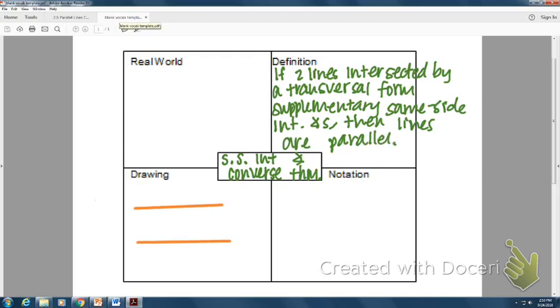Okay, what angles would have to be supplementary?